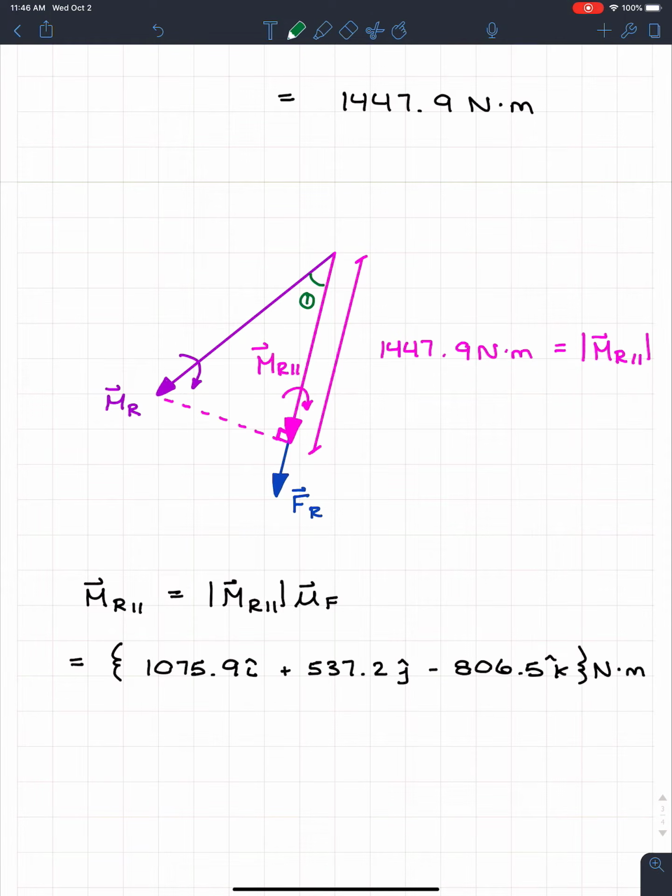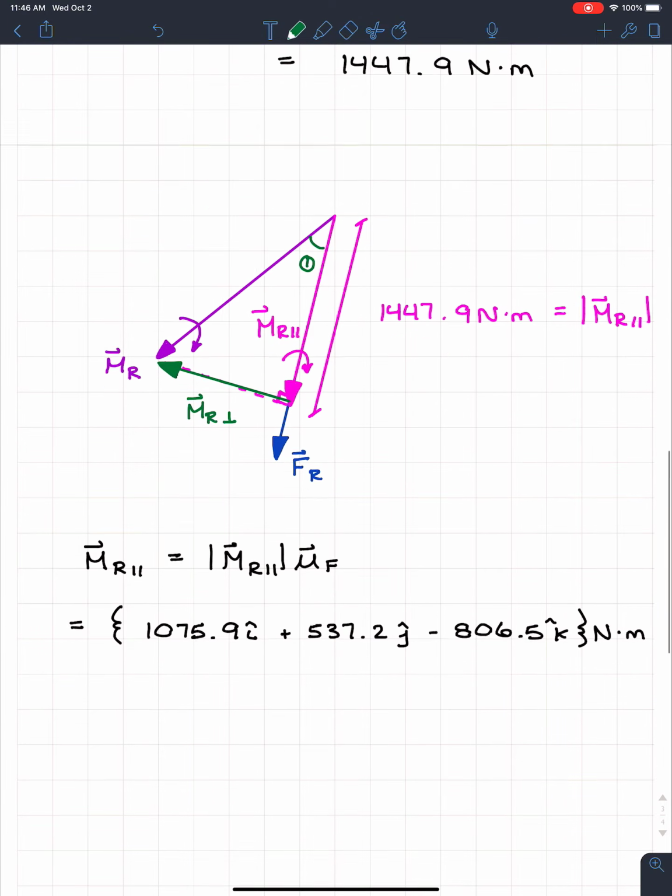So yes, we found MR parallel, and that's great. However, there's actually another moment vector that goes like this, and this is MR perpendicular.